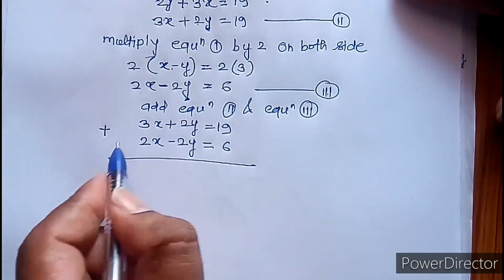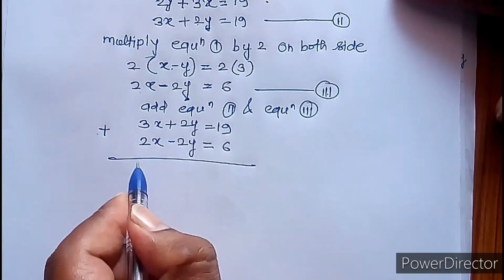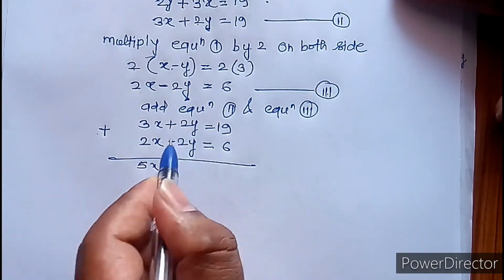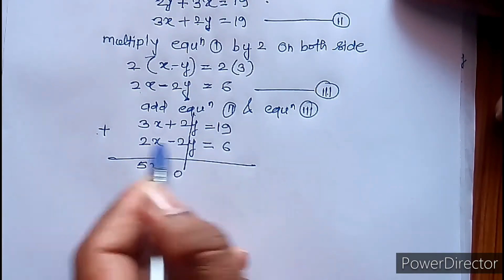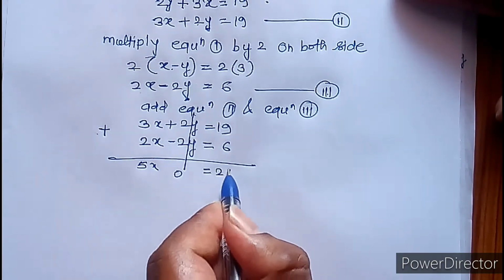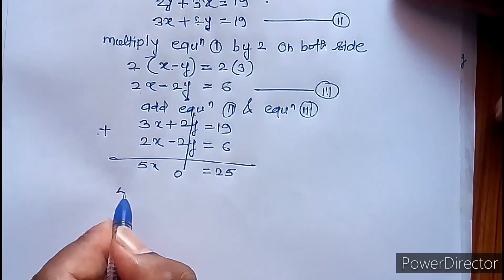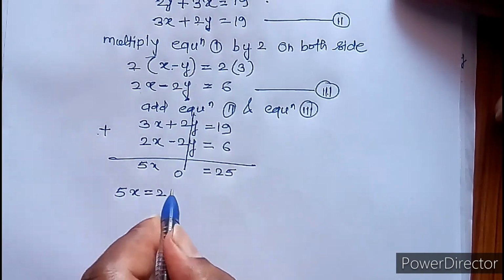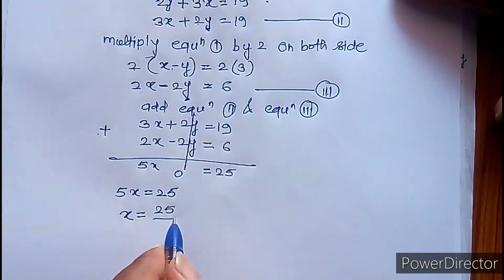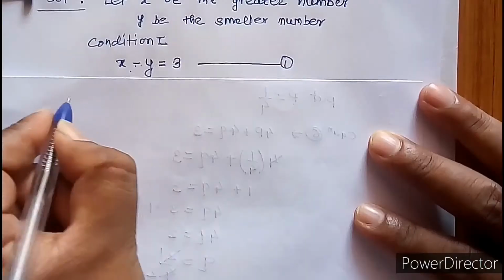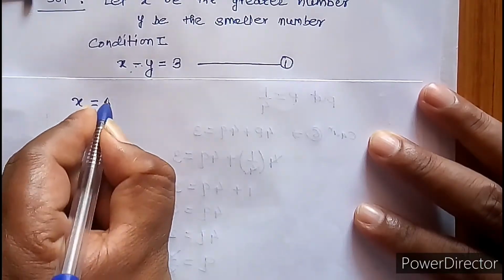By adding, what do we get? 3x plus 2x is 5x, and 2y minus 2y gets cancelled. Now 19 plus 6 is 25. Here we get 5x equals 25. Then x equals 25 divided by 5. It is 5 times divisible by 5. We get x equals 5.